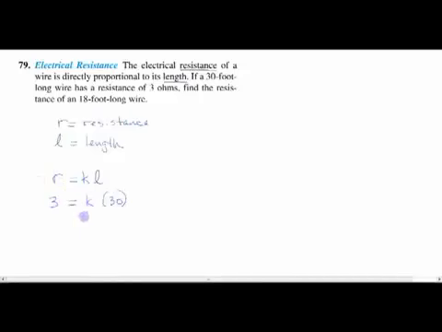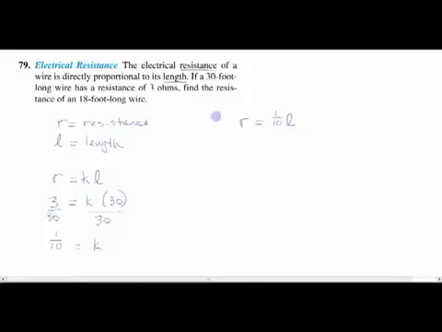Here's our K. And we divide both sides by 30. Then we get K equals 1/10. So we think that the model is R equals 1/10 L.